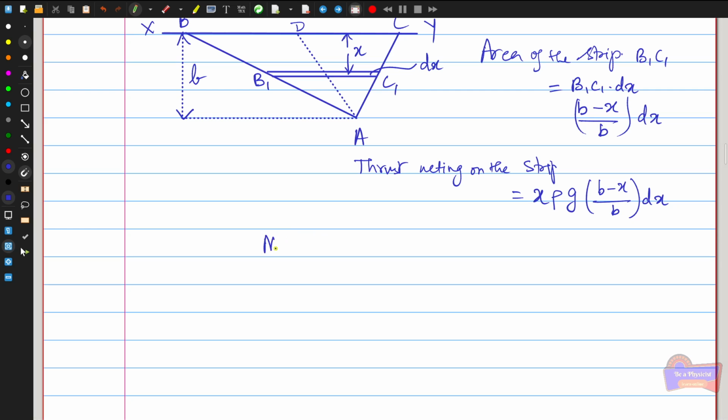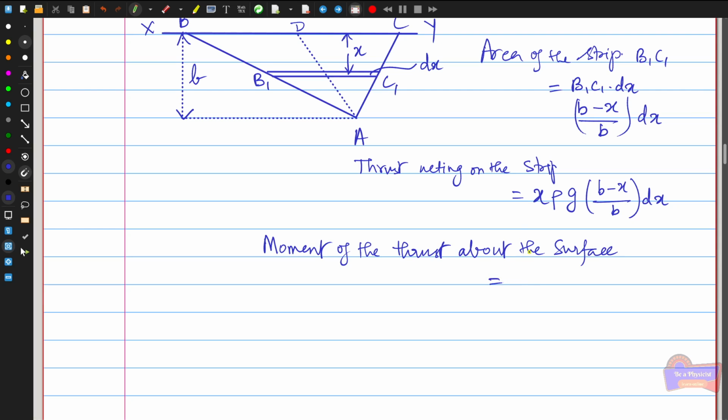The moment of the thrust about the surface can be written as the thrust into the distance, that is x squared rho g into b minus x divided by b into dx.